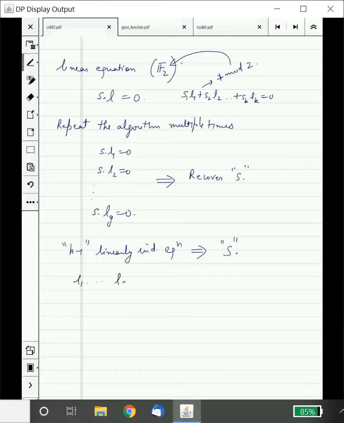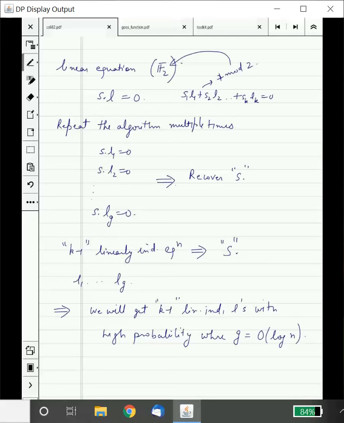To finish the algorithm, we need to show that if we repeat this step, we will get k minus 1 linearly independent L's with high probability. Remember, our query complexity was log n. Each iteration takes one query. So we want G to be order of log n.